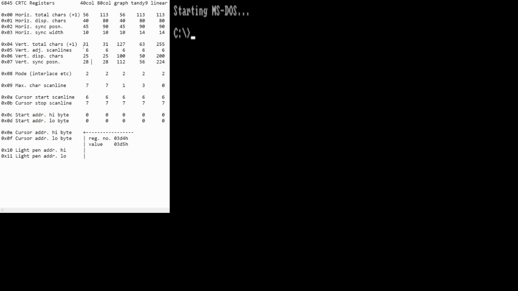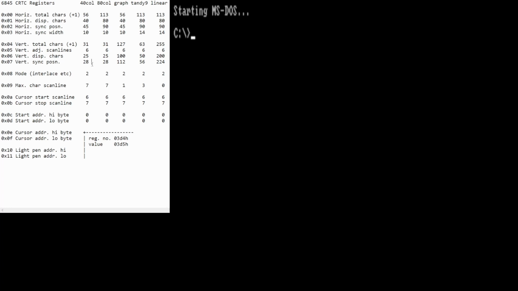It can just hold a small value, basically the difference. And the 25 is for the active region. It's a 40x25 text mode after all. And so this is the number of character rows that actually have characters that are displayed. The rest is the vertical overscan period.